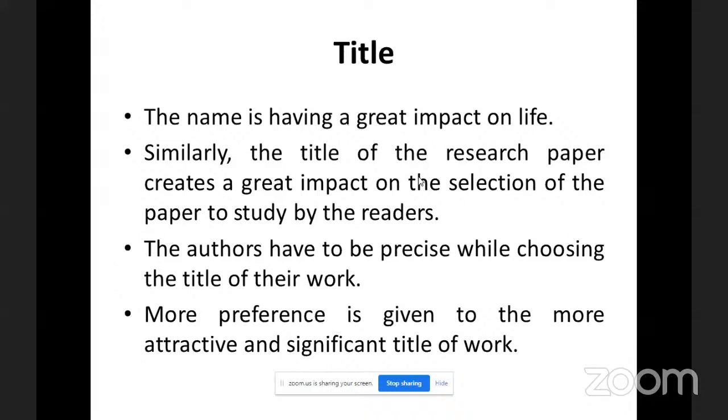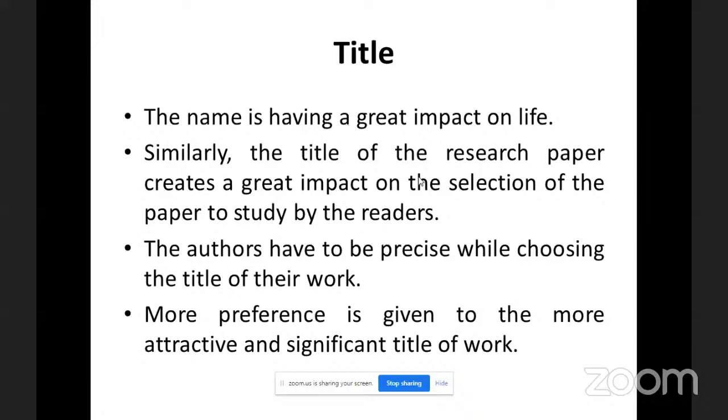And what do you utilize to solve this problem? You utilize a particular method, the STATCOM, to improve this power quality issue. So a title itself is able to provide information about the work you performed in that paper or thesis. That is a very, very important thing.